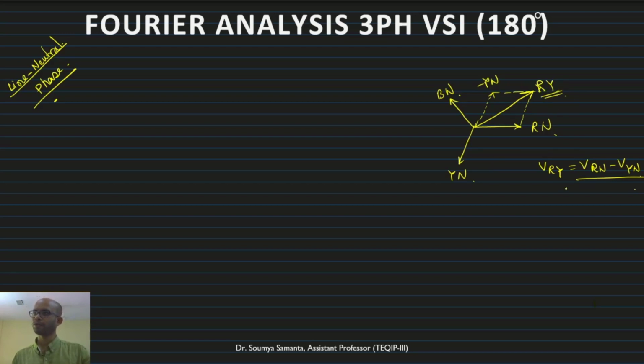Now you already know that VL is equal to root 3 times VPH. This is for the magnitude. And compared to the line voltage, the phase voltage is lagging by 30 degrees, that means pi by 6, so minus pi by 6. There is a lag or delay.